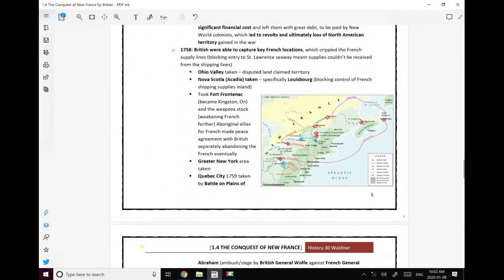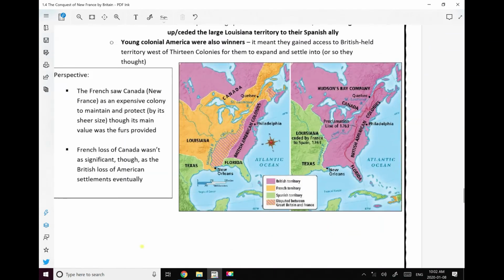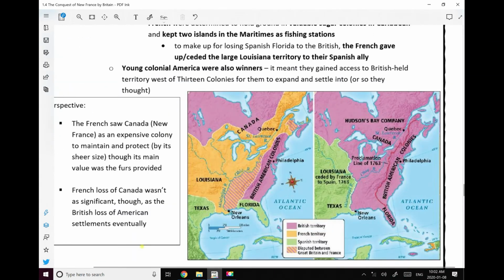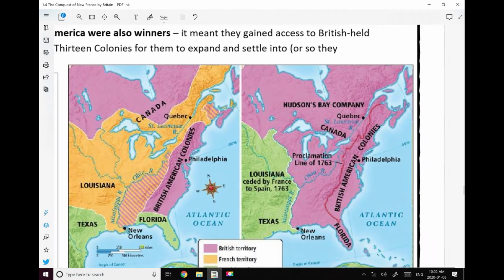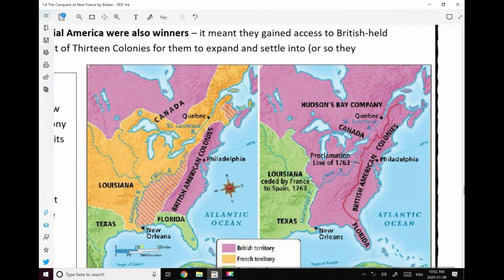And there's some other maps here we'll look at down the road, but that's the result of this battle in the end. A lot of pink for the British, right? And the French essentially gave up any control that they had in North America. The green part here, they ended up giving to Spain because Spain was their ally and they lost in that war.